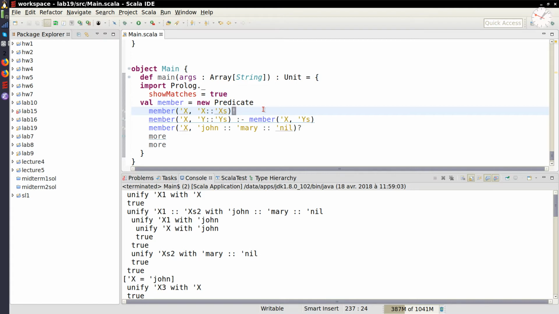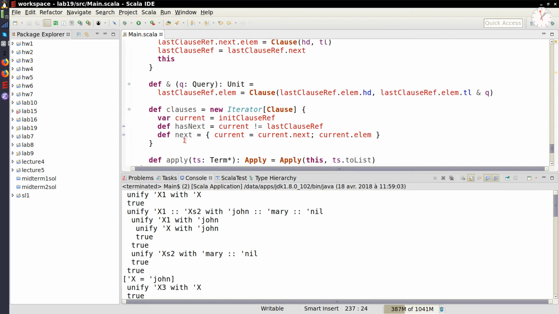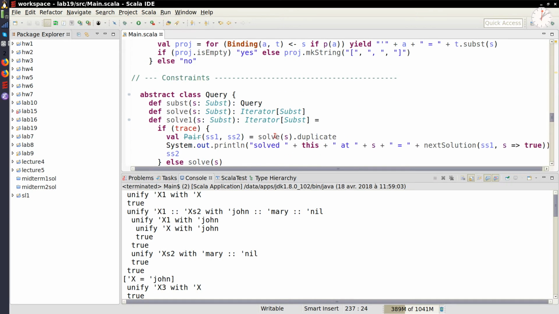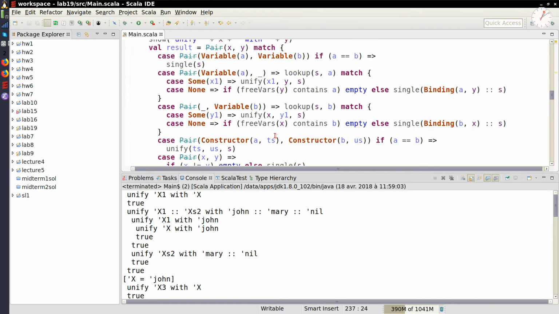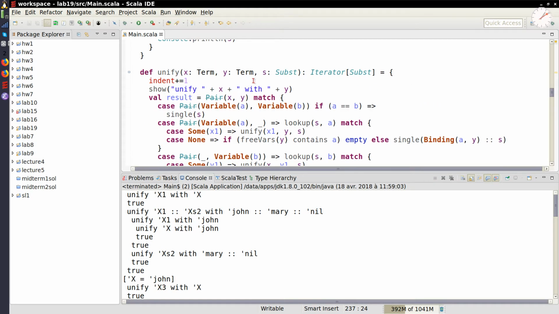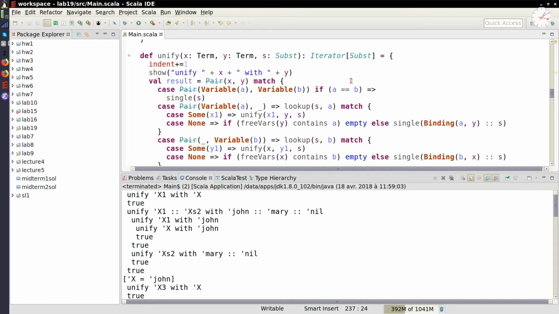They have these calls to member that look exactly like what you type in Prolog, so they really try to mimic it. And over here you see the algorithm. I didn't particularly study all of it, but we can see where they did the unification. Here they unify lists of terms, and here they unify a single term, where they have some incoming substitution, and then they get out an iterator of substitutions. I don't know why they made it an iterator. I should really change that to a list so that we can see it. With an iterator, you can't see it without destroying it, which I didn't really like.